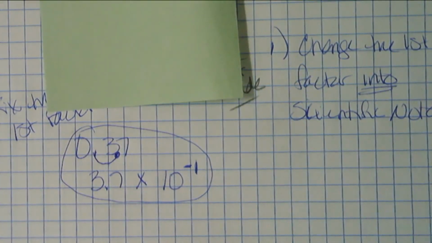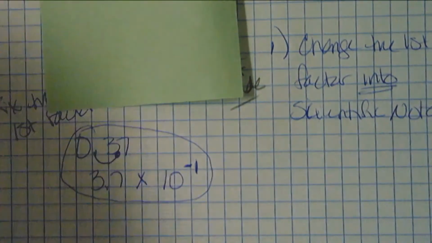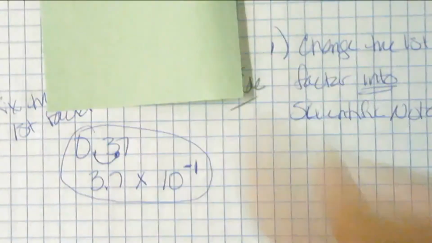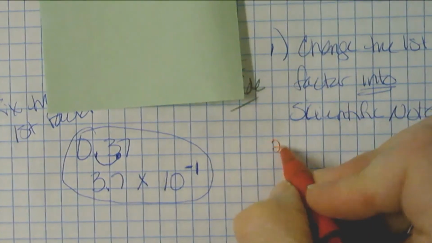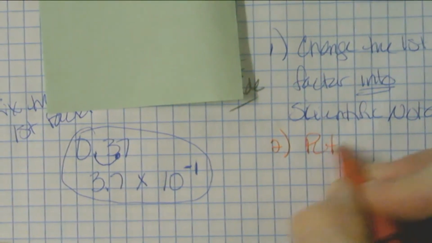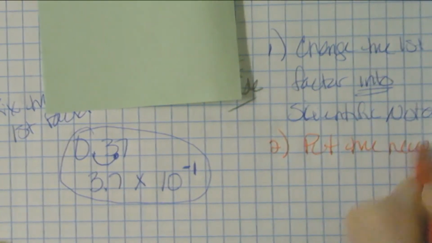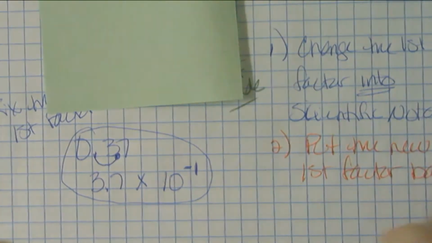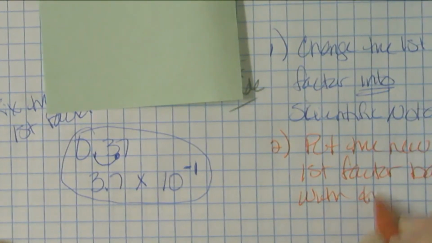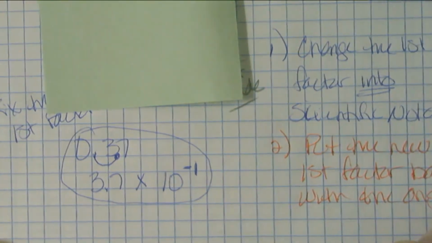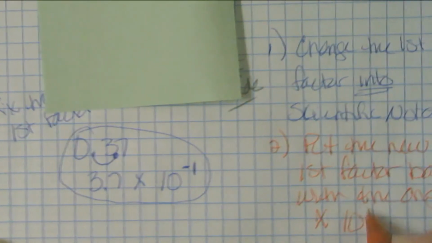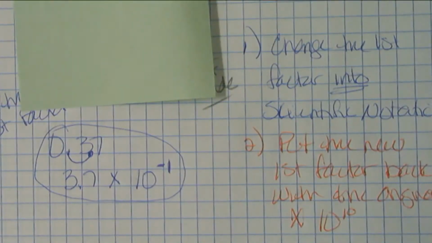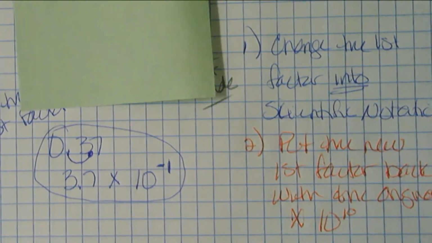You guys good with that so far? Okay. I'm going to do this next part in red so you can see this. My second step is you're going to put the new first factor back with the original times 10 to the 10th power. So now I'm going to put that back together.